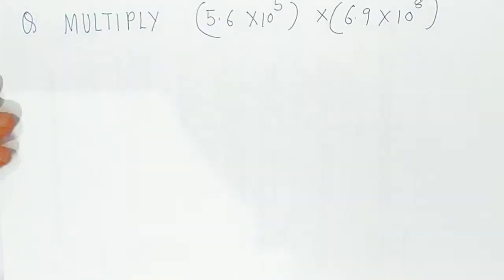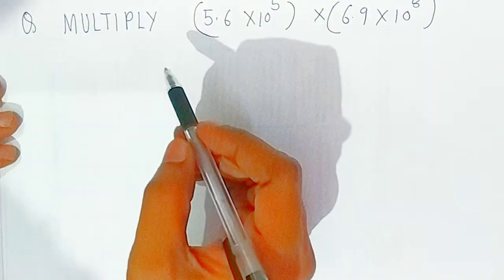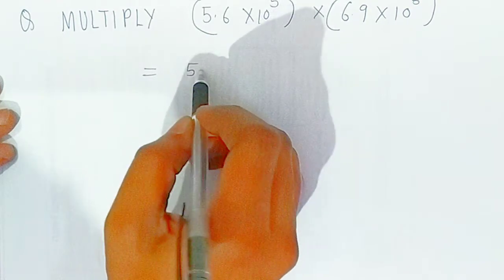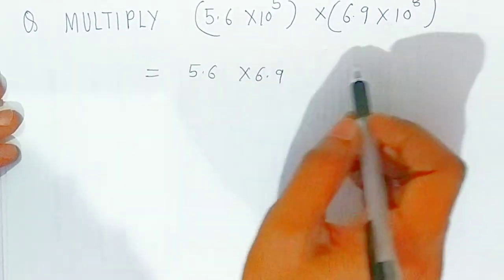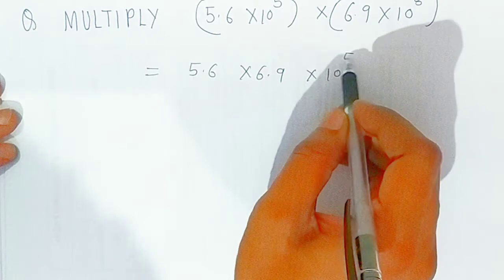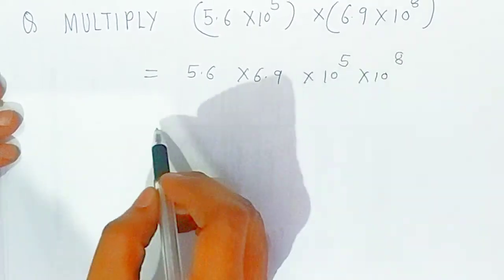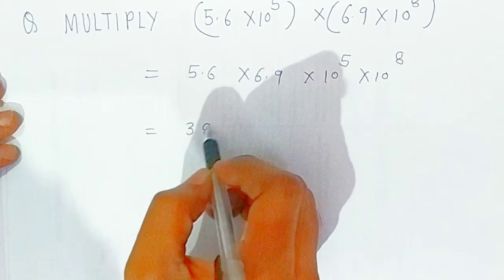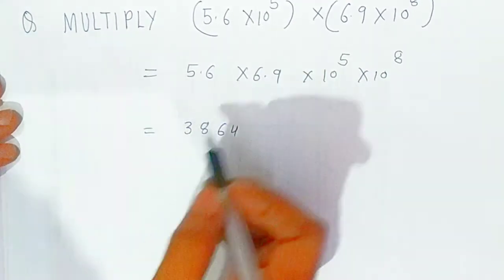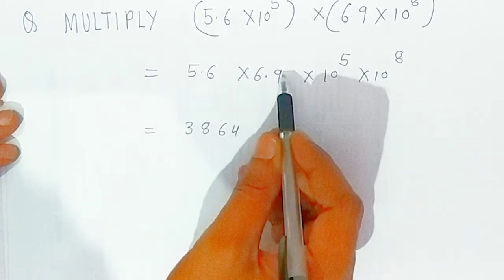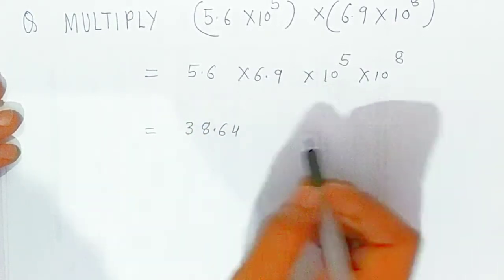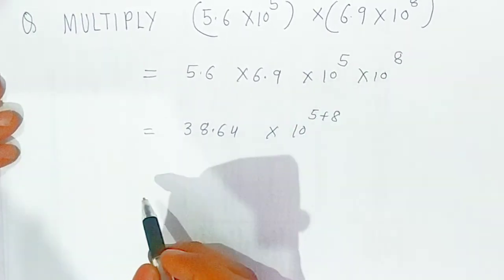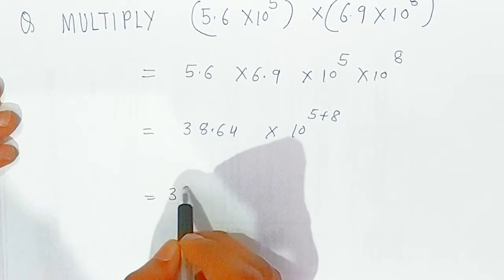Now students, second, if you want to multiply these numbers, what happens? Again we will first multiply the decimal numbers, 5.6 and 6.9. Again then we multiply 10 to the 5 and 10 to the 8. When you multiply 5.6 and 6.9, because the decimal is before one digit, here it will become before two digits. Now the indices will be added, 10 to the 5 plus 8. 5 plus 8, how much?